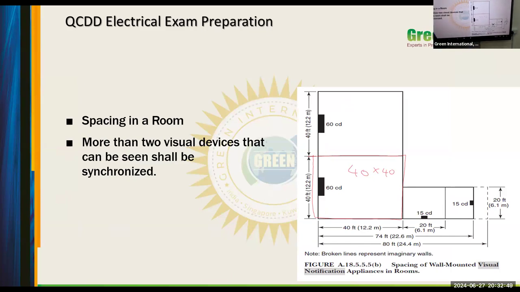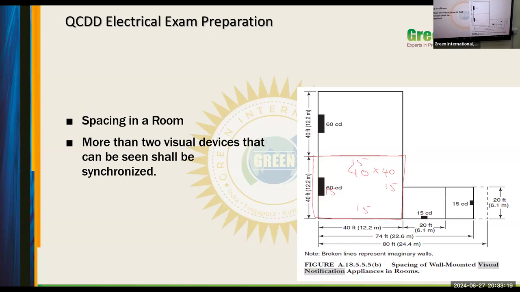Suppose if you are using 4, it means 15, because in the previous table they mentioned the 15. So 15, 15, 15. I keep the number at the center point, but usually we don't do it like that. There is a specification that says which type of notification device we need to use.